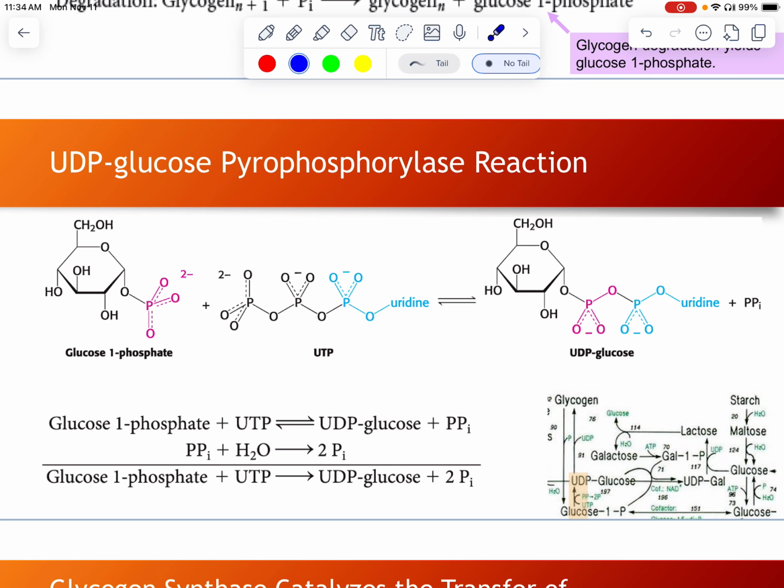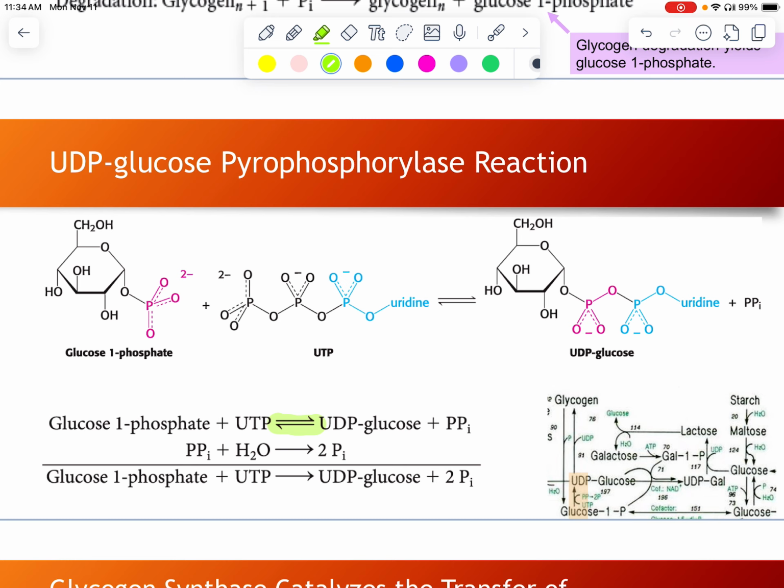Now, interestingly, if you take a look, notice that we have double arrows here. This is a reversible reaction. It's not heavily energetically favored to go forward as opposed to the reverse.